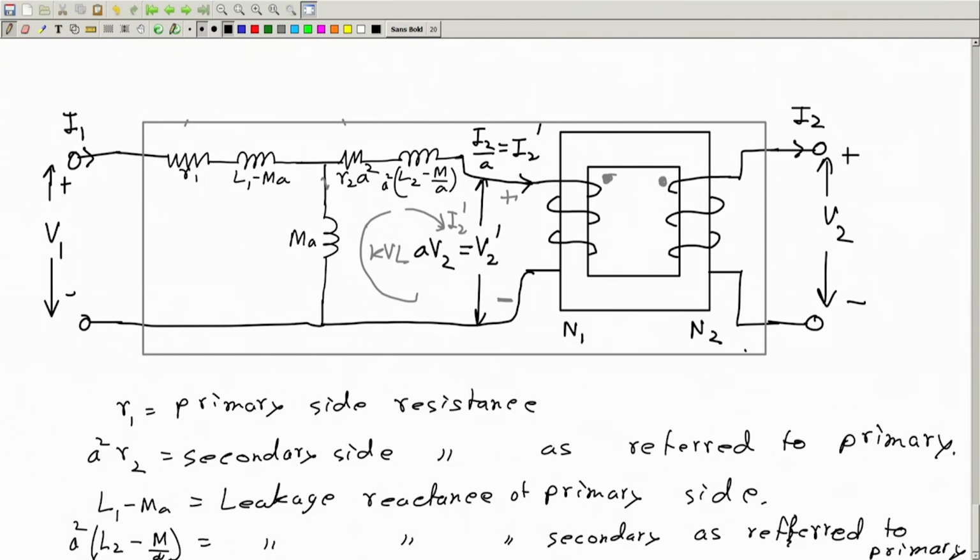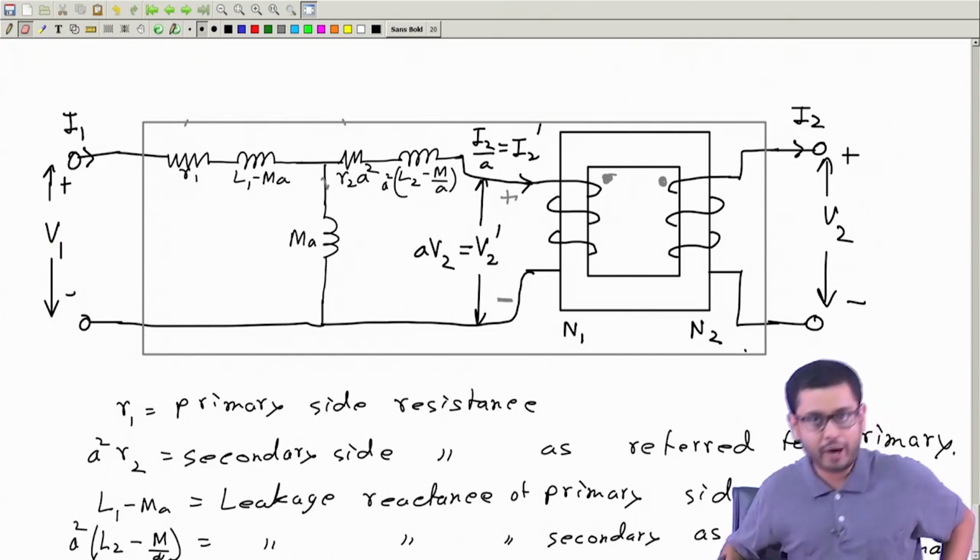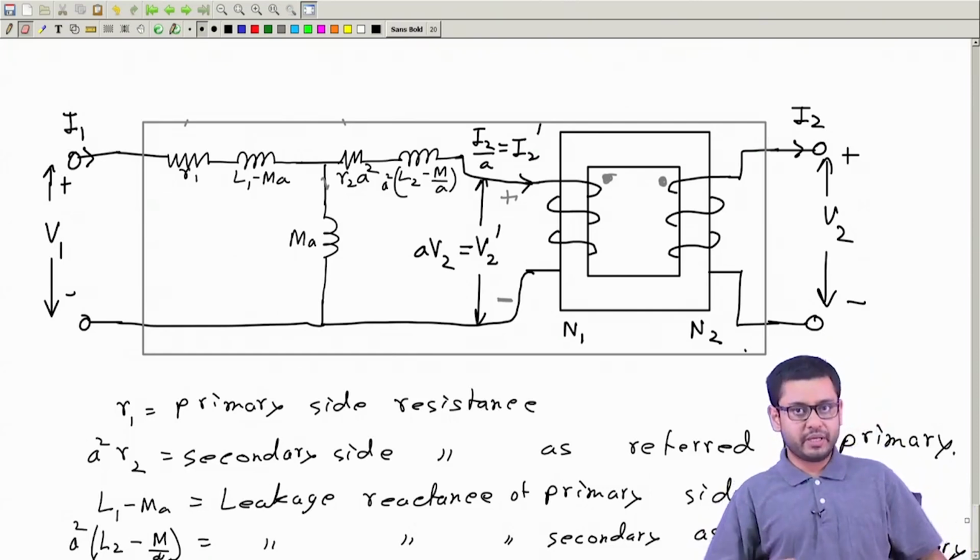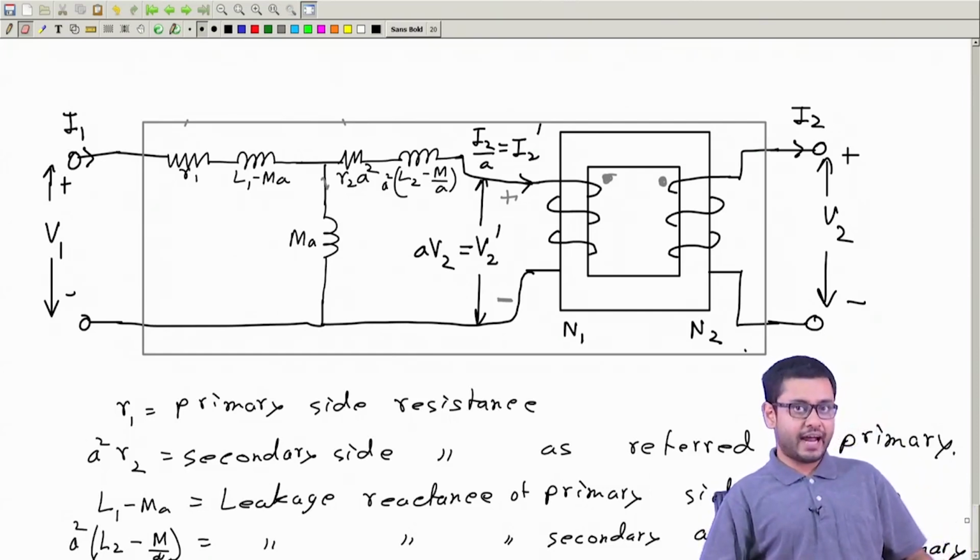Okay, so this is called the equivalent circuit, and that's what we needed before we can proceed. So basically, in this class, this is an additional video. It's not part of the main course measurement.